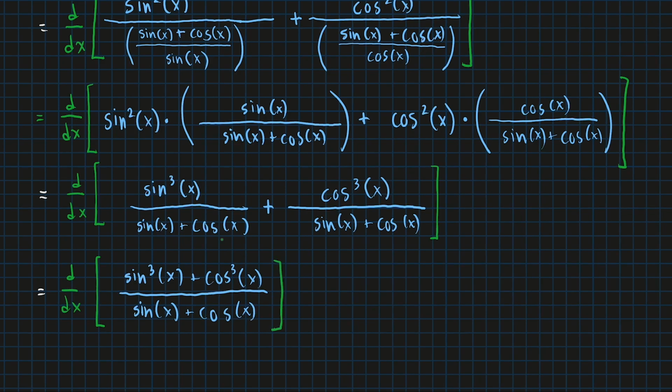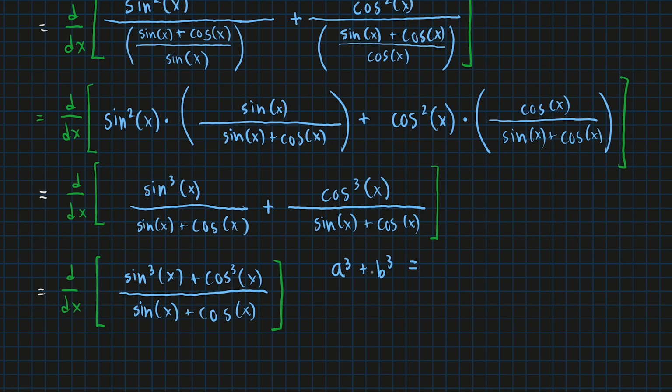All right, this one's interesting. How do we simplify this? Well, all we have to do is remember, what is a cubed plus b cubed equal to? This is our sum of cubes rule.